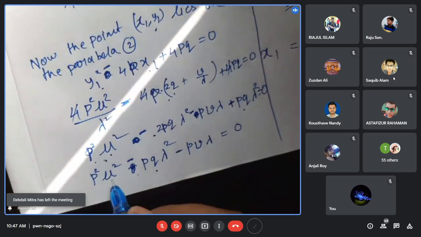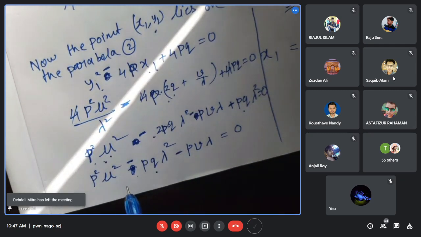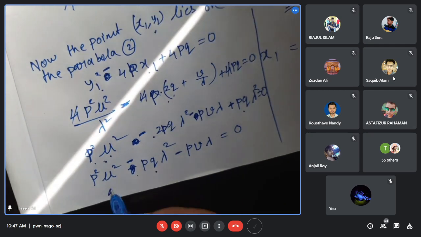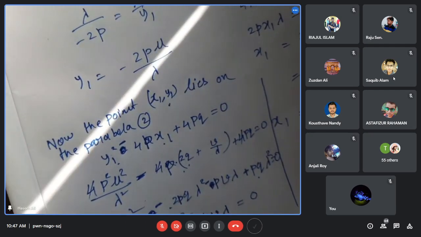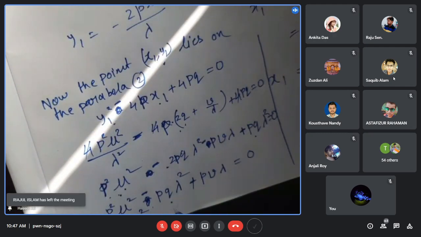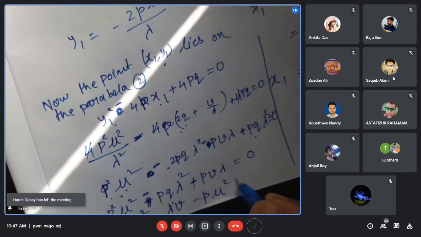Just changing sides and taking common p, we have q lambda square minus v lambda minus p mu square equals to 0.